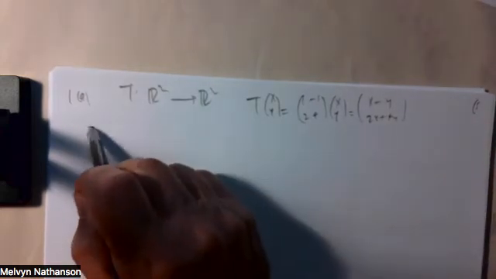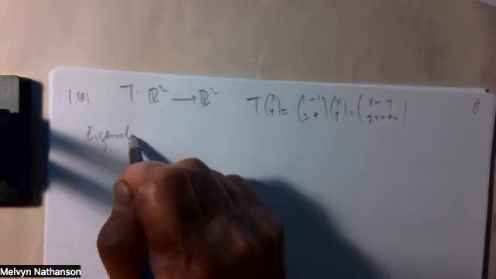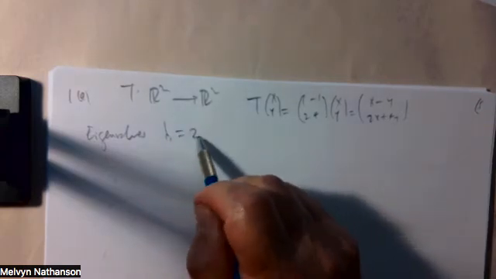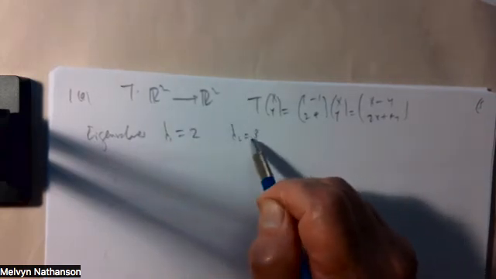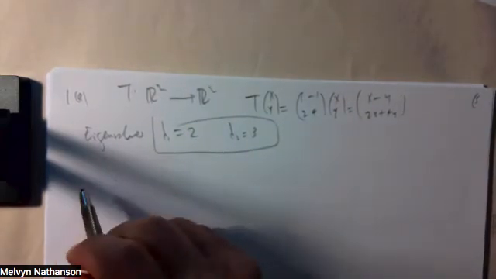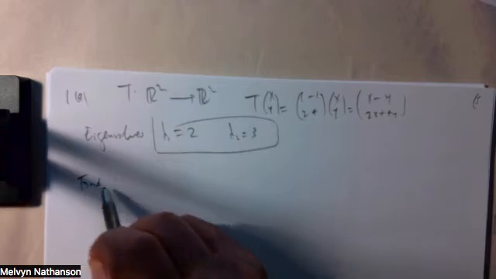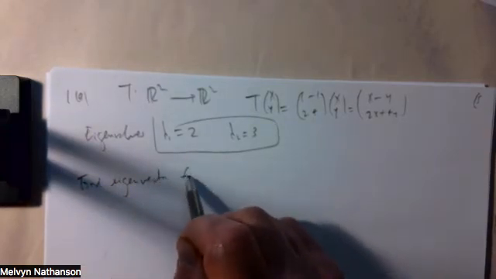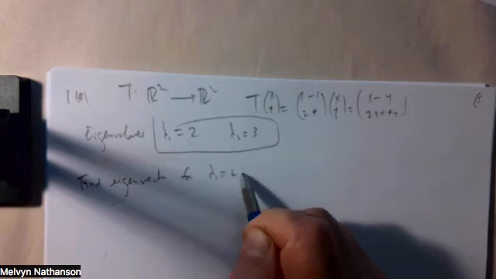And the two possible eigenvalues, let's say the first one is 2 and the second one is 3, because those were the roots of that quadratic equation. So let's find, if we can, an eigenvector for lambda 1 equal 2.